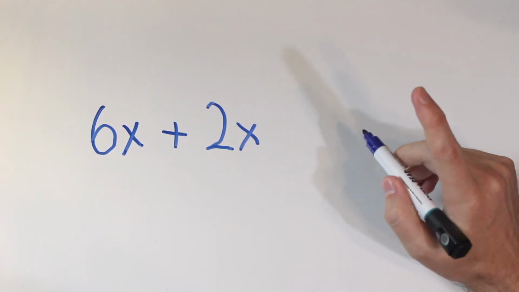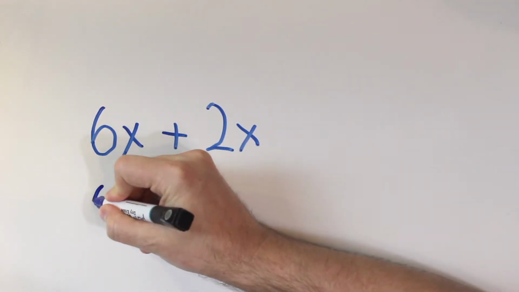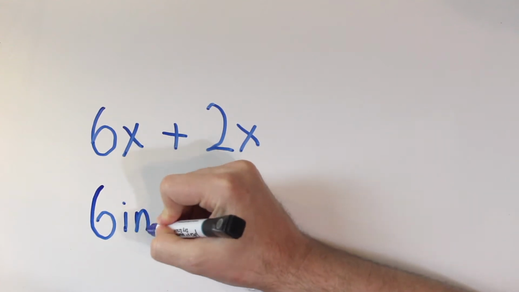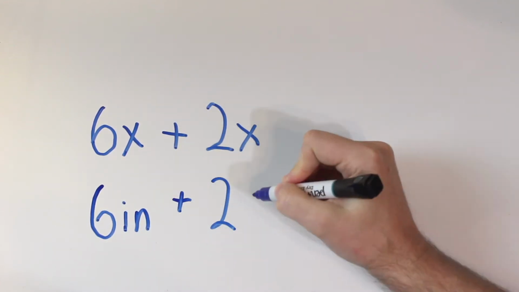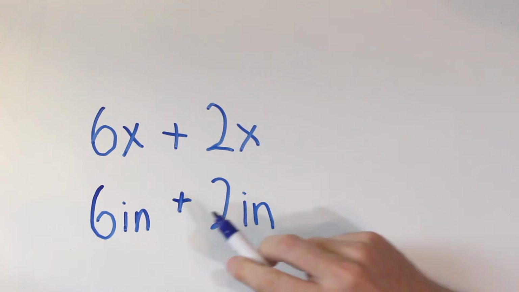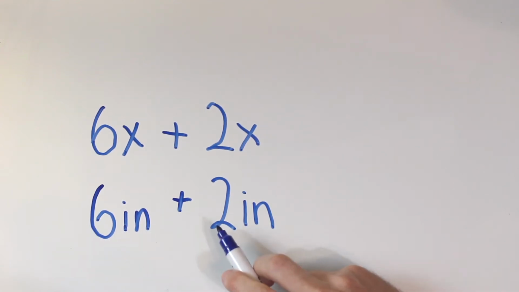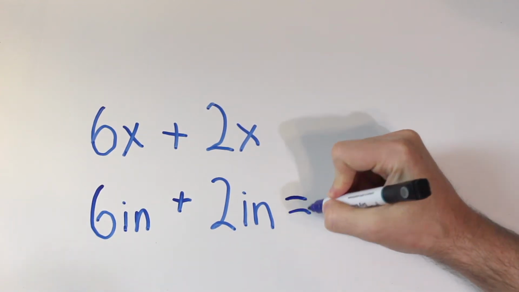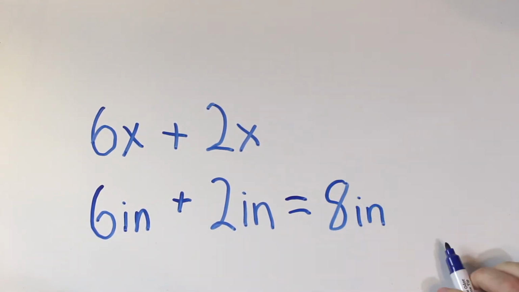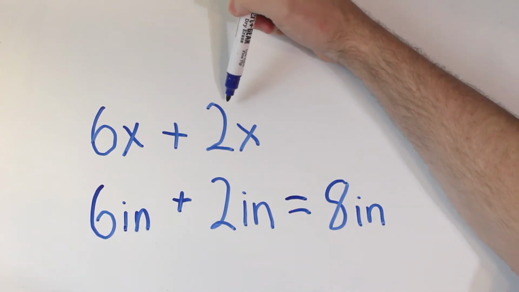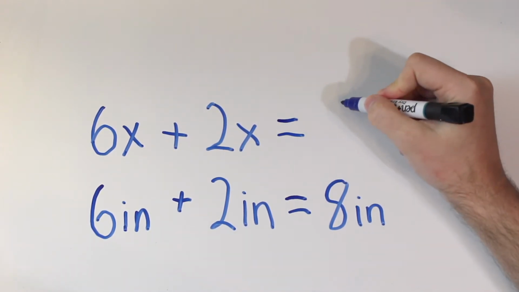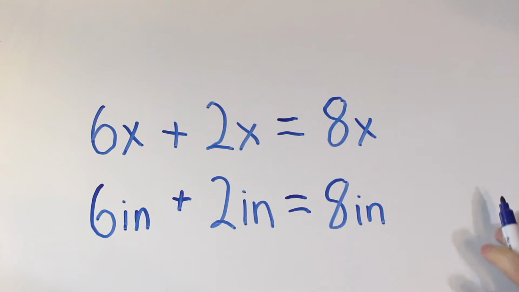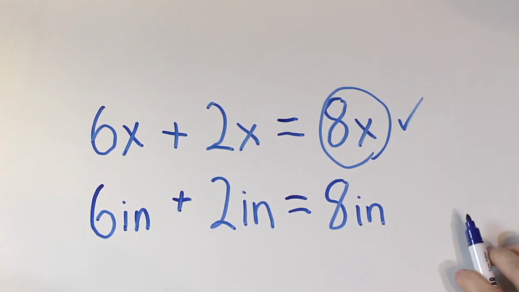So instead of saying x, I'd give it some concrete value. Let's imagine that x is an inch. If we had 6 inches plus 2 inches, that would be easy, correct? It would just be 8 inches. So 6x's plus 2x's is also easy. It's just 8x's, or 8x. And there's your answer.